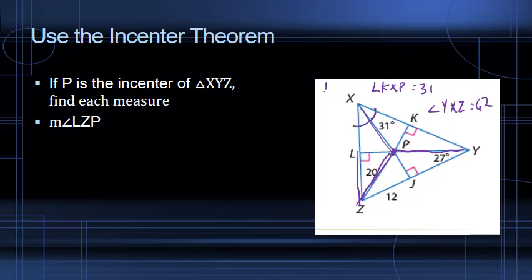So this right here is going to be 62. And down here I see that angle JYP is 27 degrees, which means that angle XYZ is going to be twice that. So if that's 27, then that's 54. So this is 54.